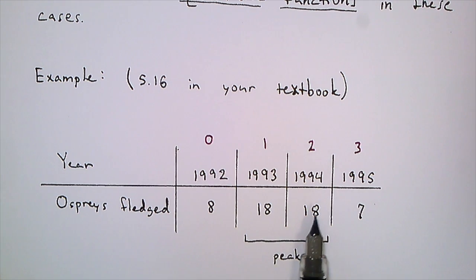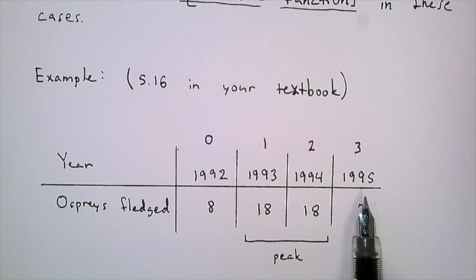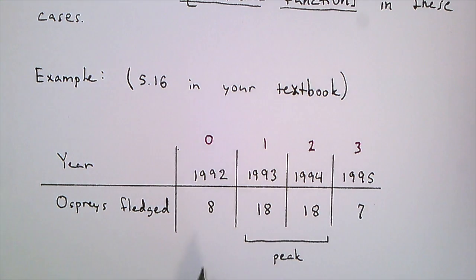In 1994, it was again 18, but in 1995, it went down to 7. So in our data, we see a peak in these 2 years. That means we need a kind of function, like a quadratic function, to fit data that has a peak or a minimum.